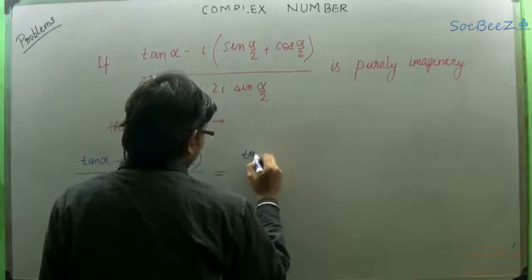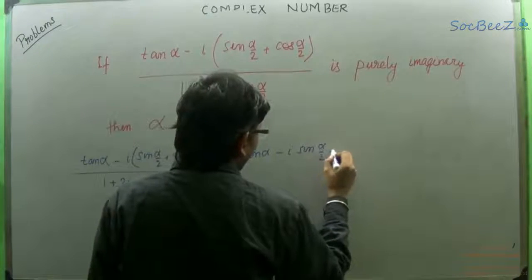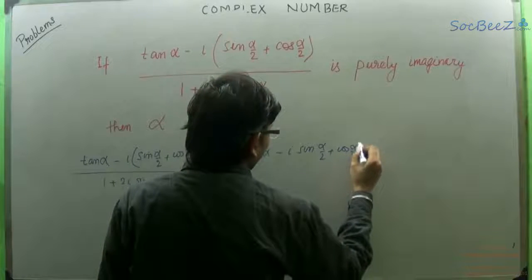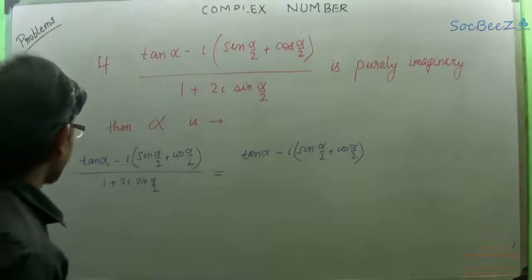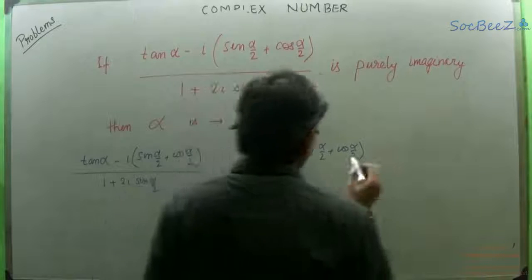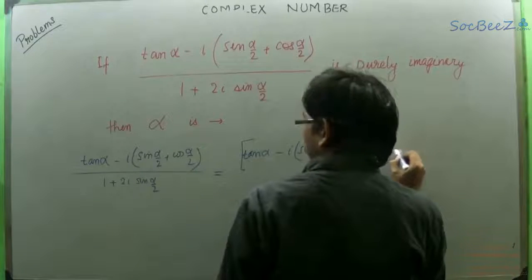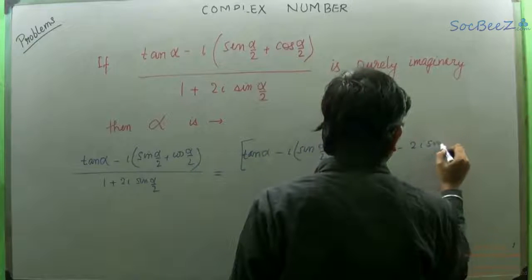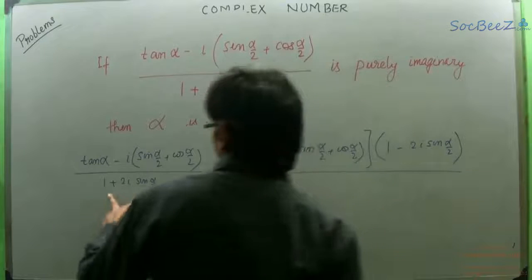So that is tan alpha minus i sin alpha by 2 plus cos alpha by 2 times 1 minus 2i sin alpha by 2, upon the modulus of this number.